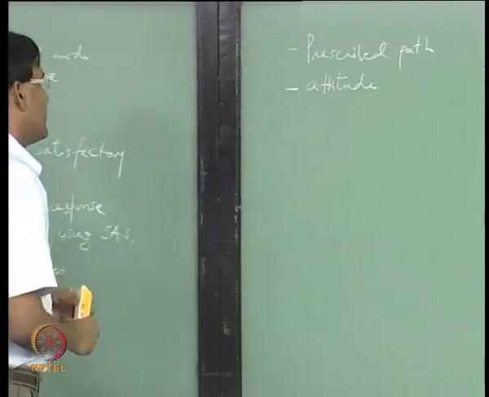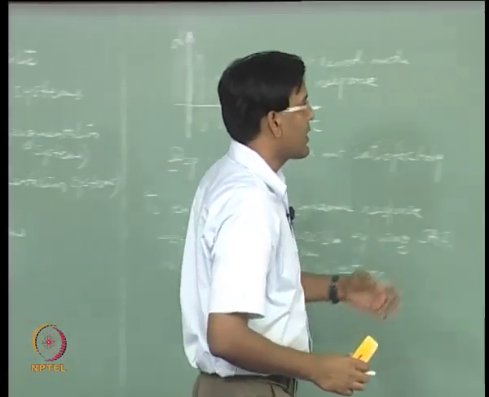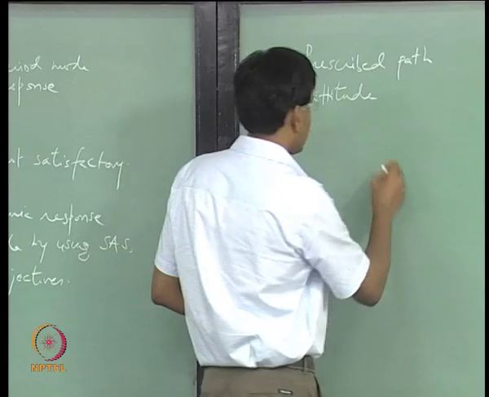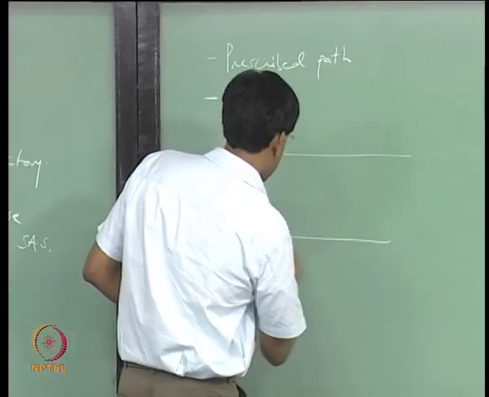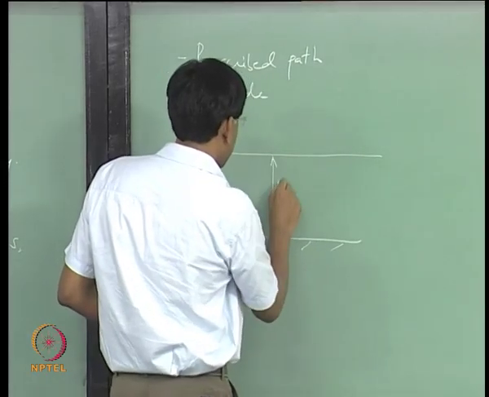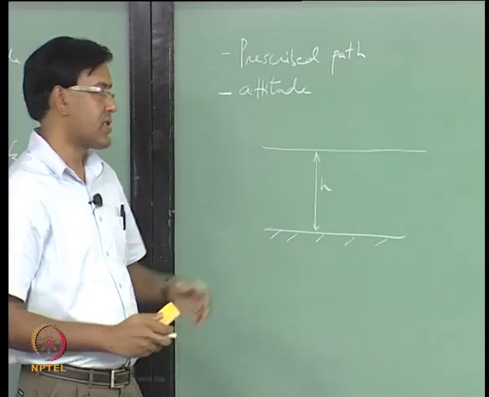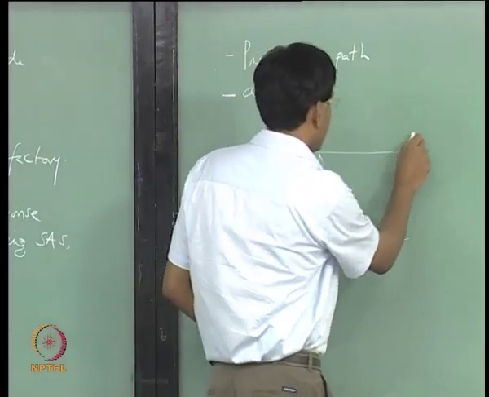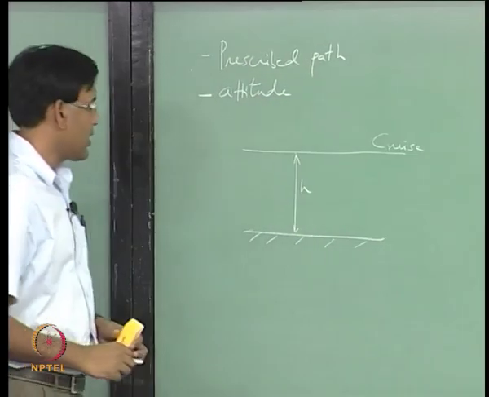So, what we want to do here is design a control system such that, for example, this height is maintained constant throughout in cruise flight.